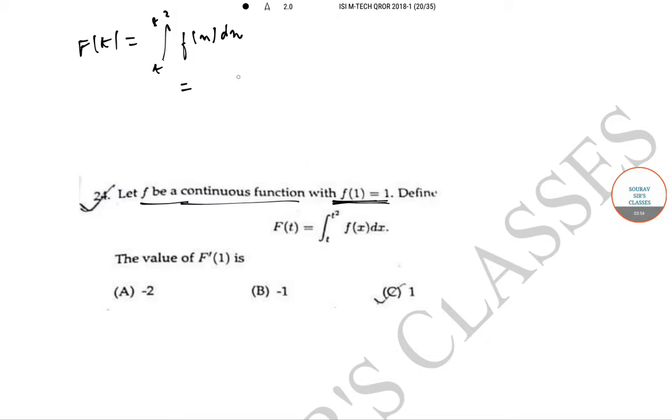Now this can be written as integration f(x) dx from 0 to t squared minus integration f(x) dx from 0 to t.